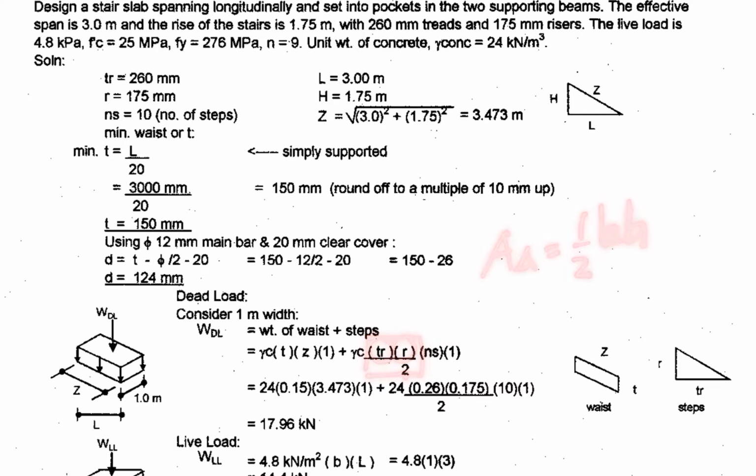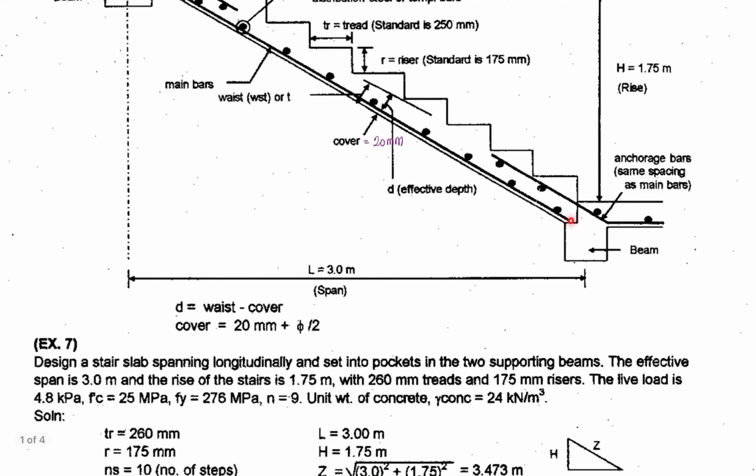So the base is the thread, and then the height is the riser. Okay, and then the number of steps, and then the 1 meter strip, normally that is the width. Okay, width. So standard width of the stairs, that is 1 meter.